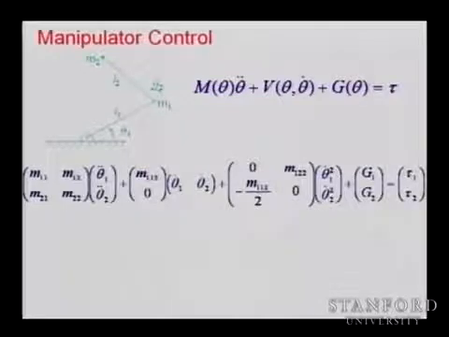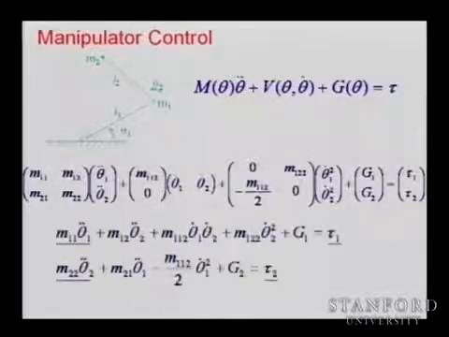Here is the equation of motion, and you have 2 joints, so the vectors are 2 by 1, and the mass matrix is a 2 by 2. If we rewrite this equation in two equations, now you're probably more familiar with this form.